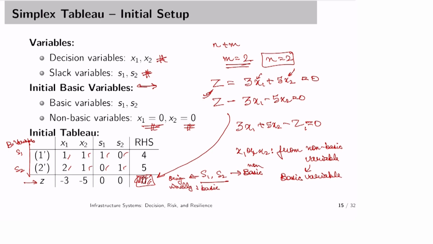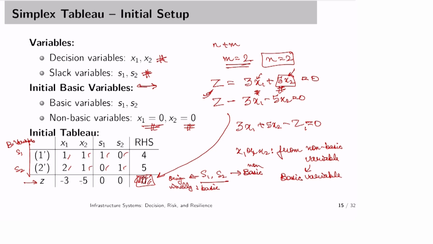It is very clear that if I increase x2 by 1 unit, I am going to increase my objective function by 5. If I increase x1 by 1 unit, I am going to increase my objective function by 3, and I can only increase one at a time. So organically, I should select the variable which has the higher coefficient if I am looking at a maximization problem.